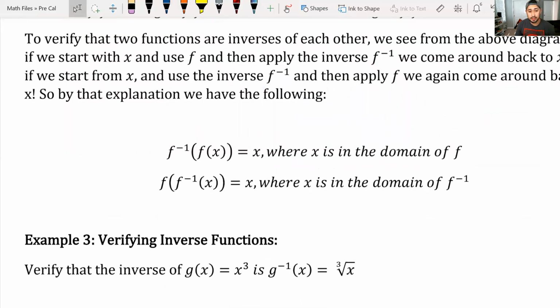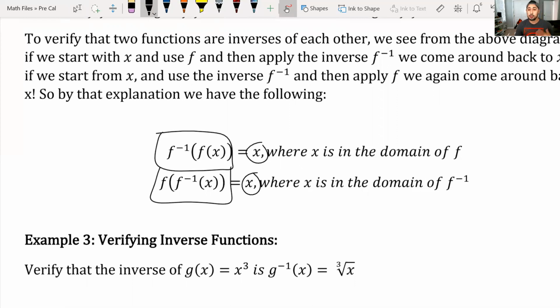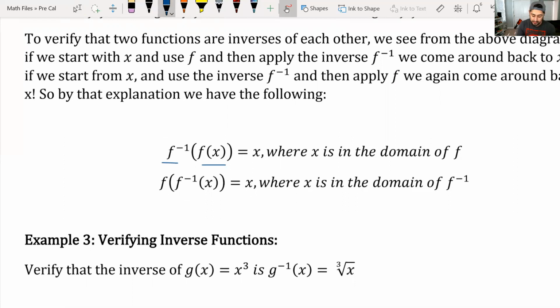Okay, and just like I said above, if you have true inverses of each other, they technically undo each other. So if you were to compose your inverses together, you should always arrive back at x. So this is what happens when you compose inverses. And then of course, when you compose, so if f inverse composes with f of x, f inverse has to take the domain of f.